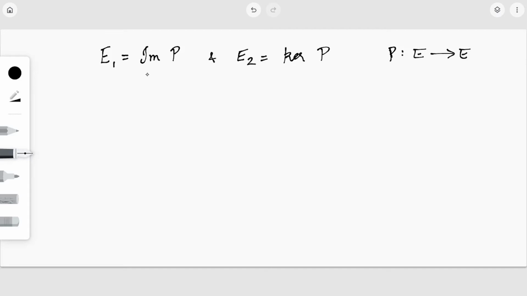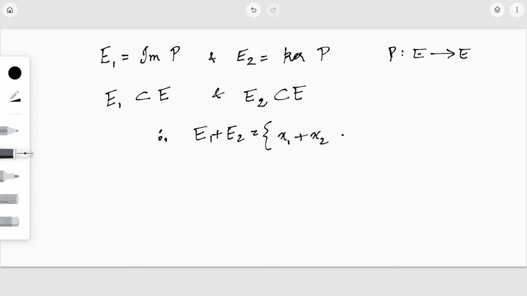Clearly E1 will be contained in E, because image of P is contained in E, and E2 is kernel of P, so by definition E2 is also contained in E. So the set E1 plus E2, what is E1 plus E2? That is nothing but X1 plus X2, where X1 is an element of image of P or E1 and X2 is an element of E2. This will also be contained in E, because E is a linear space, so the linear combination will also be contained in E. So this one inclusion is clear.